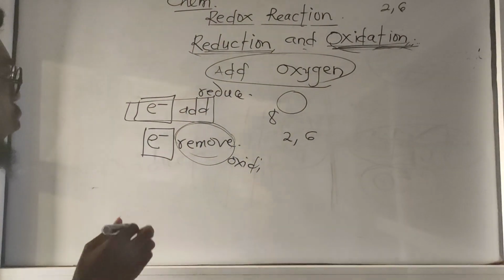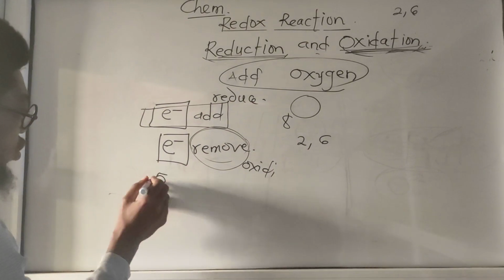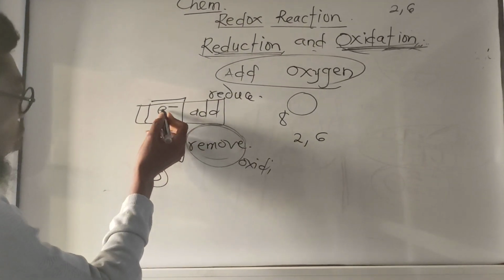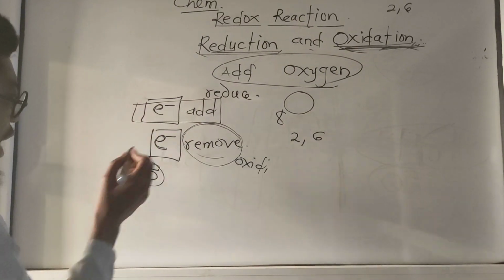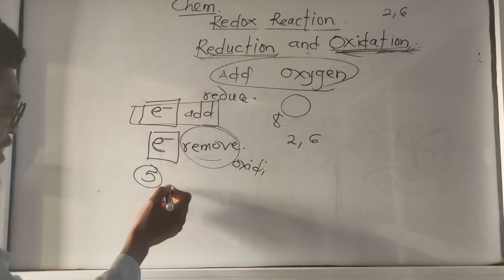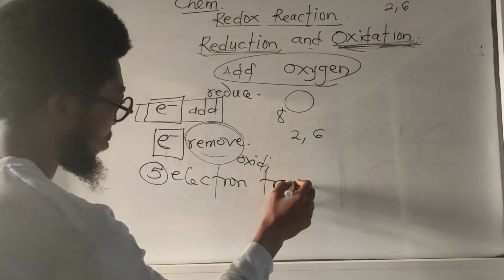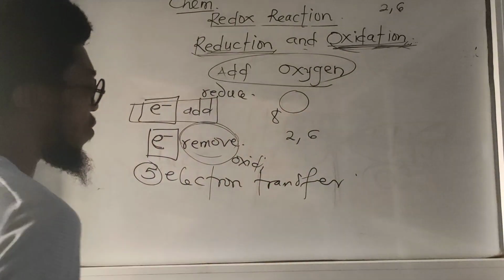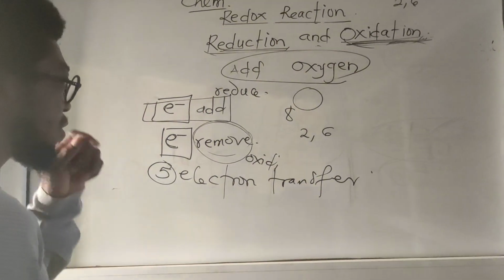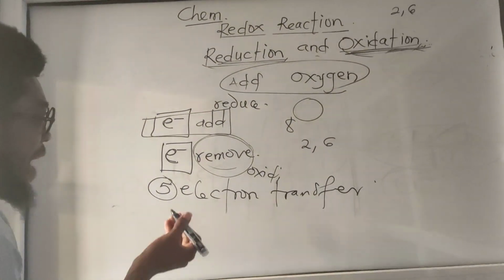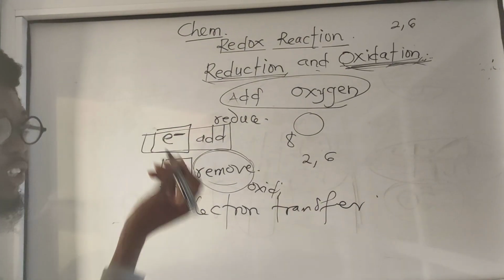So therefore, we now want to give the fifth definition of redox reaction in terms of the movement of this thing called electron. So that is in terms of what? Electron transfer. In terms of electron transfer, is electron a good thing or a bad thing? I'm saying bad thing because electron is negatively charged.